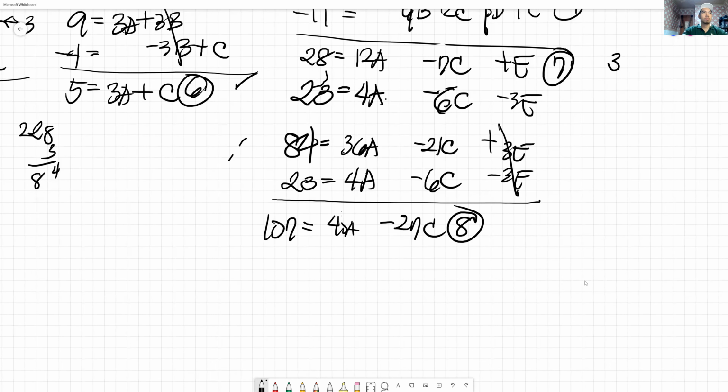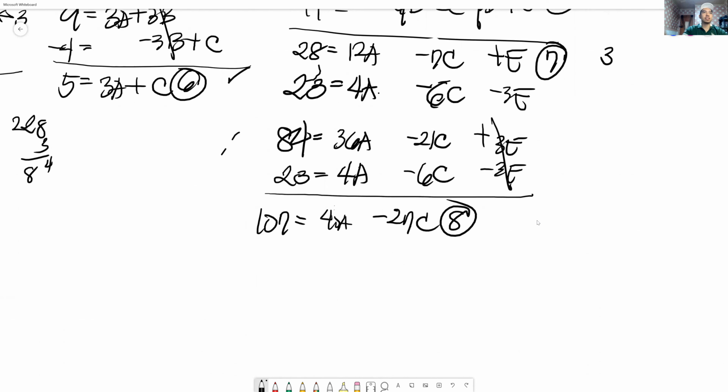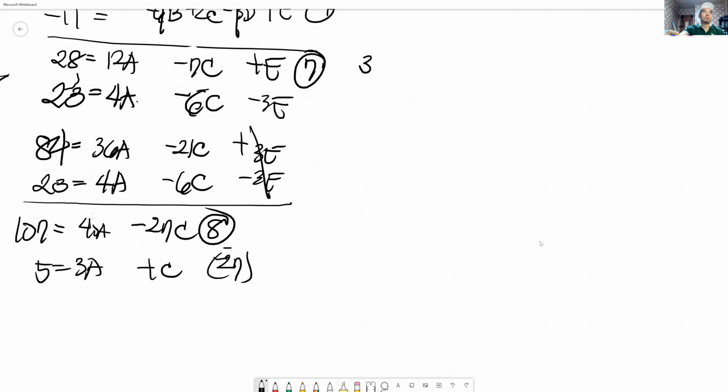Okay. So equating 8 and 6, we need to remove either A or C. So for this case, let's try to remove C by multiplying it by 27. So that the equations become 107 equal to 40A minus 27C. So 5 times 27, that's that.